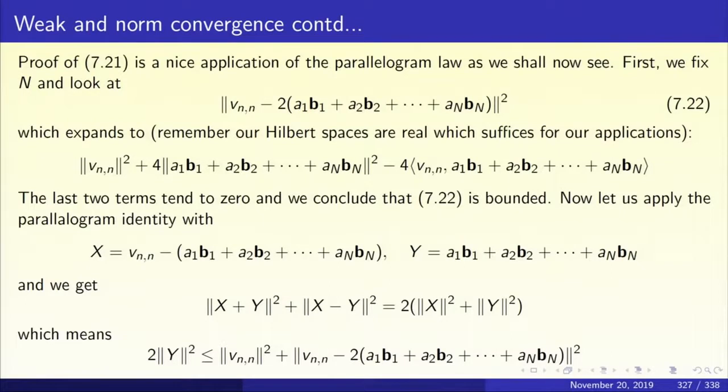And the middle term, the cross term, we are going to work with real vector spaces for convenience so that the complex conjugation problem is not there. So the cross term from the middle will be minus 4 times Vn dot with a1 b1 plus a2 b2 plus etc. plus aN bN. Now let us see what happens when little n goes to infinity. We know that Vn dot with a1 b1 plus a2 b2 plus etc. plus aN bN will converge to mod a1 squared plus mod a2 squared plus etc. plus mod aN squared.